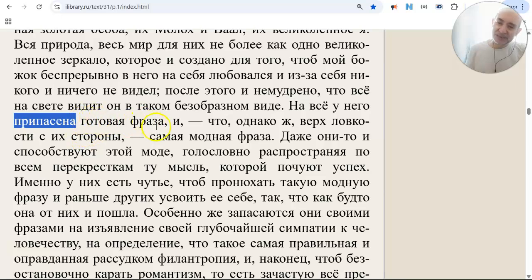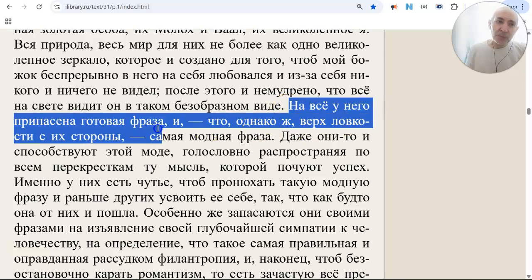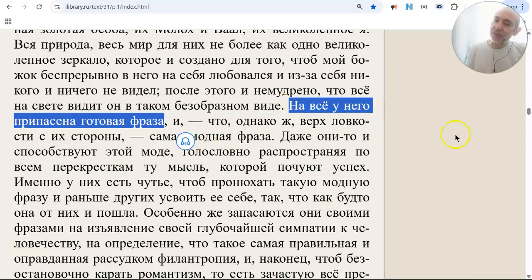So the ready phrase. Therefore, на все у него припасена готовая фраза will translate: for everything he has saved a ready phrase. Meaning that they have a specific phrase or specific words which they use for everything.